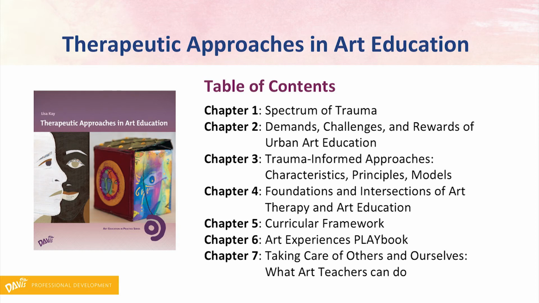It also includes why art is effective with students who have had adverse childhood experiences. Chapter 4 looks at art education's historical influence on art therapy, some commonalities and differences between therapeutic art education and school art therapy. Chapter 5 discusses the curricular framework and creative arts curricular resources.